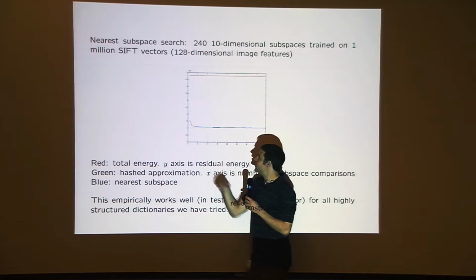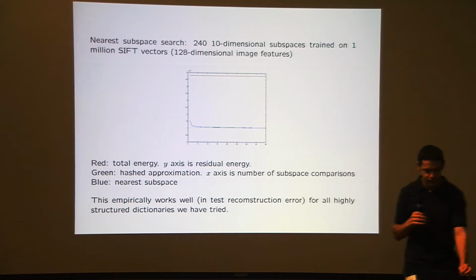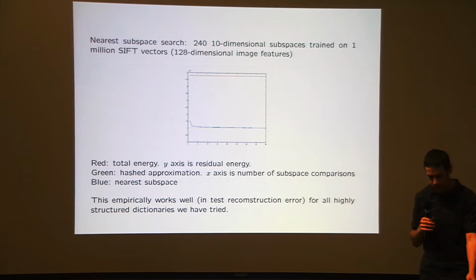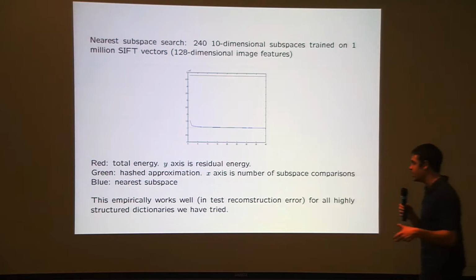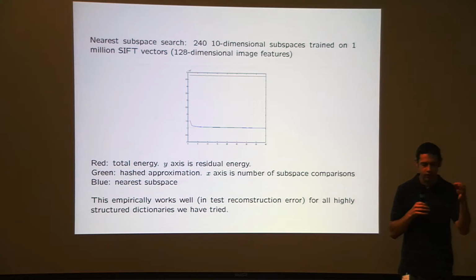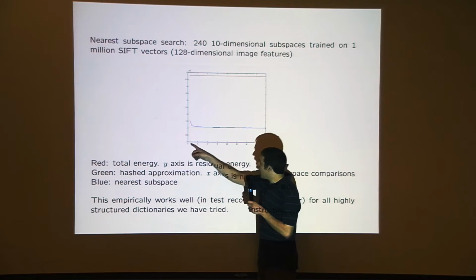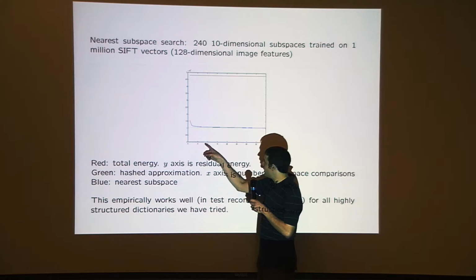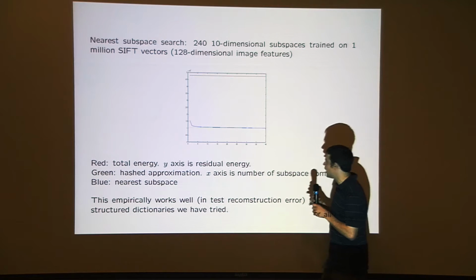And what you find is, after just a few comparisons, you run your hash and you remember at the leaves of your hash what the most likely near subspaces are. I just go through in order of likelihood, and I stop after a fixed number. And after very few comparisons against subspaces, you get to essentially the optimal energy.